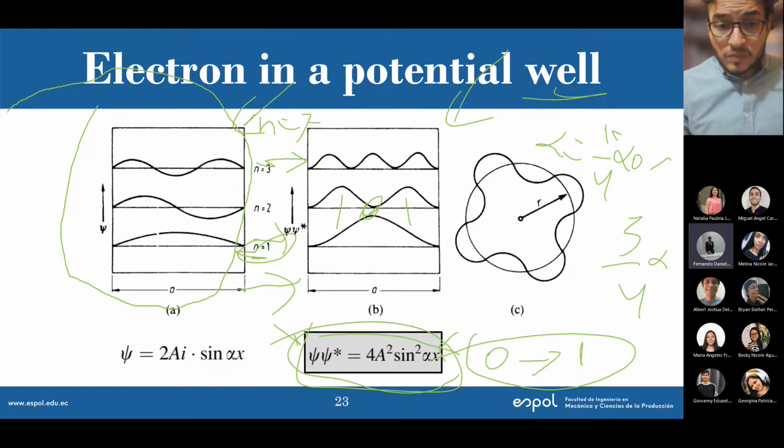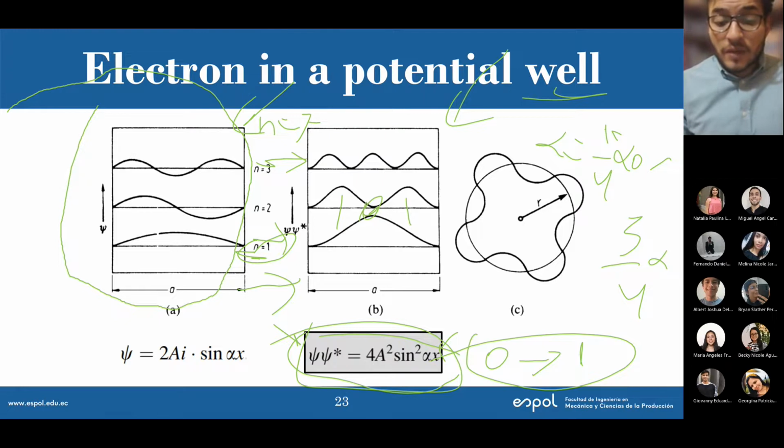But the probability is 4 over A times sine squared, whatever, and we can see that the graphs are becoming smaller each time n increases. Why is that happening? Aren't 4 and A supposed to be constants? It's because of x. You have alpha and you have x there.